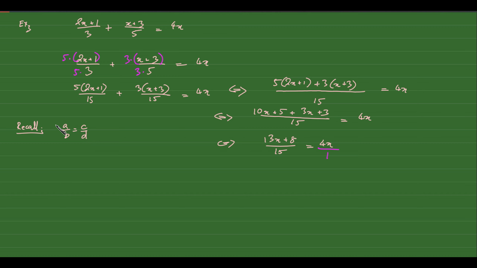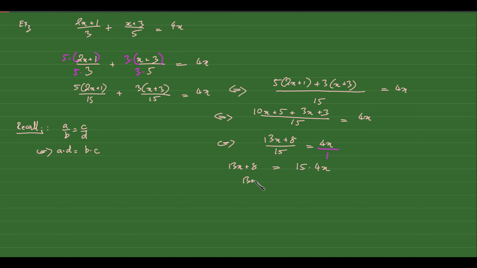If you have two fractions with an equal sign between them, you can cross multiply, meaning a times d equals b times c. So I'm going to apply this in this case. So this is a, b, c, d. I cross multiply, so I have 13x plus 8 times 1, which is nothing, equals 15 times 4x.